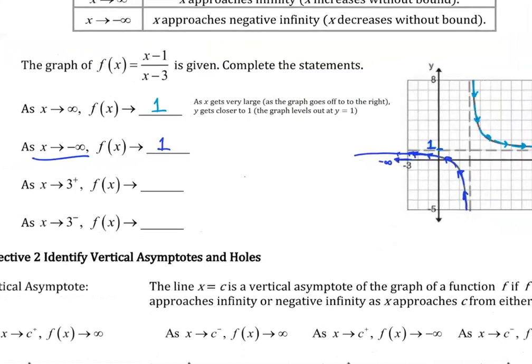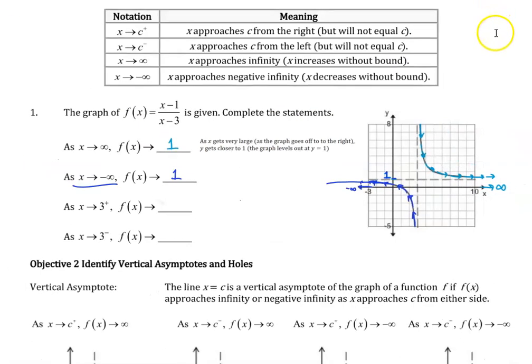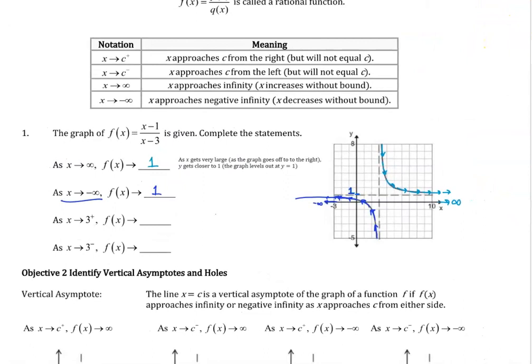So as x approaches negative infinity, f of x also approaches positive 1. In other words, as x gets very small, as the graph goes off to the left, y gets closer and closer to positive 1.